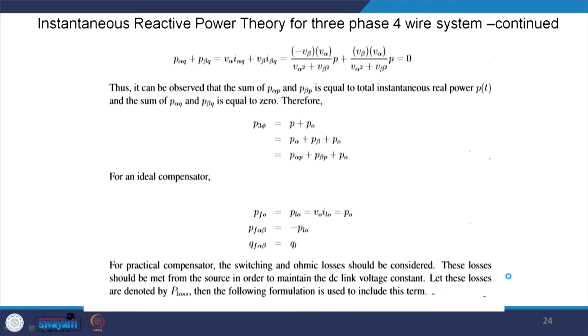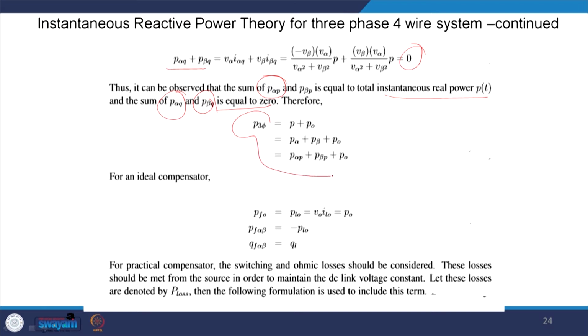And then you know that for the 3 phase 4 wire system, which is what we are continuing to discuss, this should be 0. It can be observed that the sum of the P alpha P and P beta P is equal to the instantaneous real power P t, and the sum of the P alpha Q and P beta Q is equal to 0.